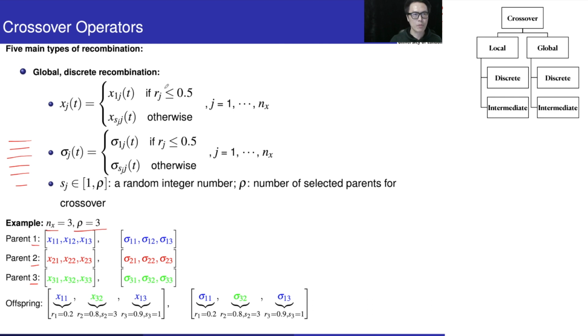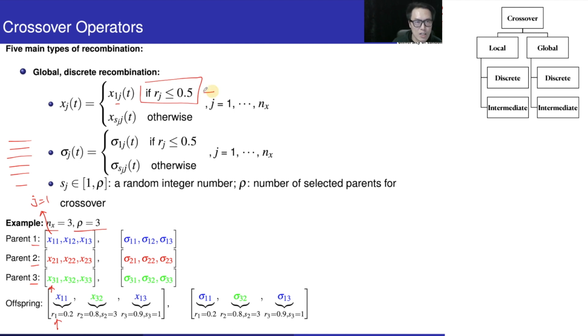And now we are going to look at this condition and then look at the j position. That is j equals 1, it means that is the first position of the decision variable. So that is x11, x21, x31. Now I'm generating the first element, r1, that is 0.2.